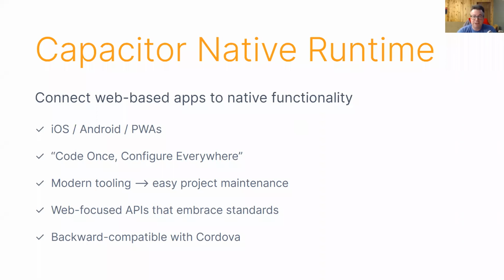It's all built on standard web technology. And if you have any existing Cordova apps, you'd be delighted to know that Capacitor is 99% backward compatible with it. We've done a lot of work to ensure that, for the most part, with just some minor exceptions, your plugins will work with Capacitor. So there's an easy migration process. I hope you check that out. It's really easy to get started and roll into this modern tooling without a lot of headaches at all.